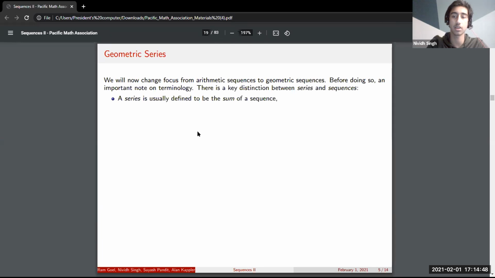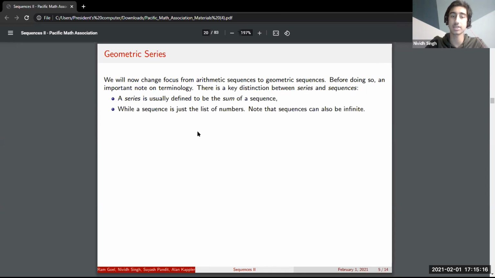So let's say the sequence could be 1, 2, 3, 4, 5, 6, and so on. Or it could be a geometric sequence, like 2, 4, 8, 16, and so on. But when we say series, it means the sum of the sequence. So if our sequence is 1, 2, 3, then the series is 6, because 1 plus 2 plus 3 equals 6.